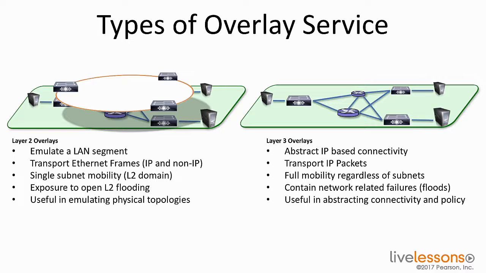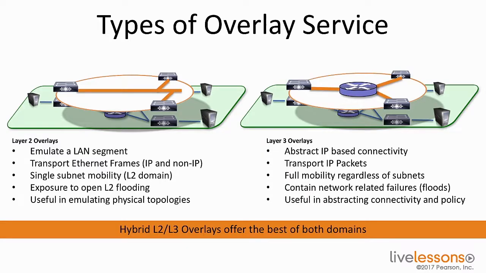I'm relying on my high-speed, reliable layer 3 network underneath, and then I can use VXLAN or NVGRE for my overlay inside the data center, mimicking the same functionality that I had with spanning tree without having to spread spanning tree everywhere. Recently, some of my layer 2 overlay technologies have migrated into kind of a hybrid layer 2/layer 3 overlay and offer the best of both worlds.